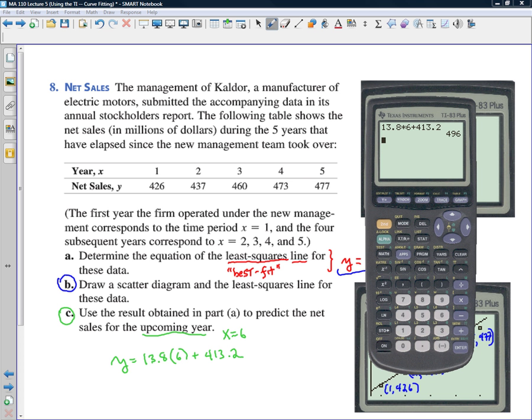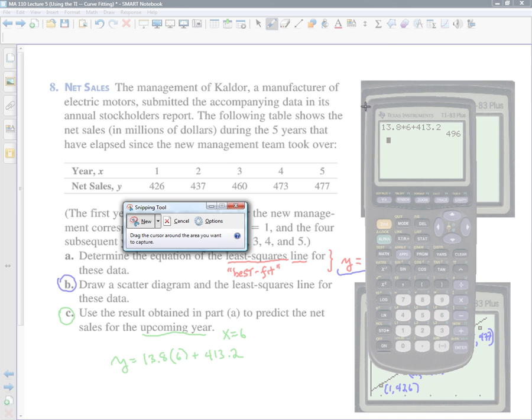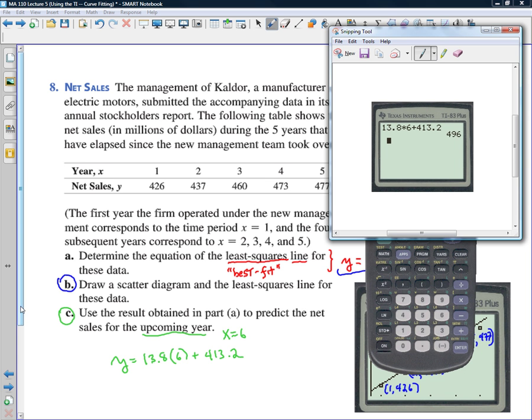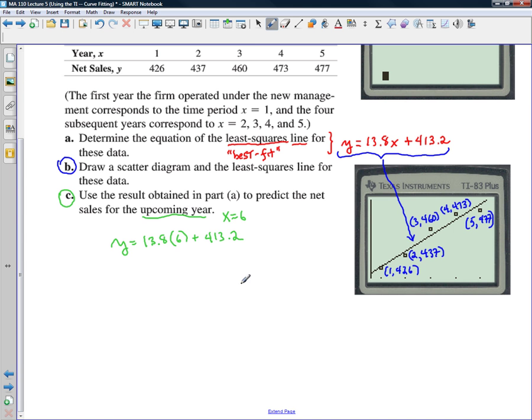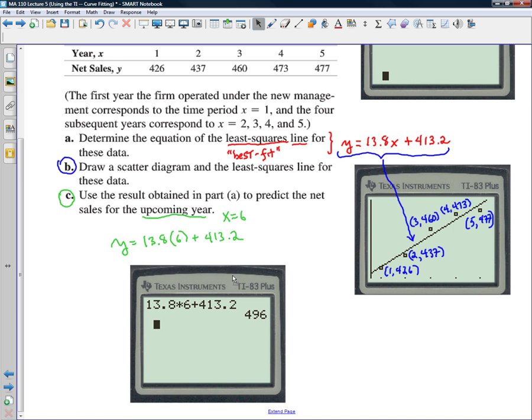Let me see if I can copy that successfully. This time it's letting me. So I'll paste that in. And our answer to part C is clearly 496.